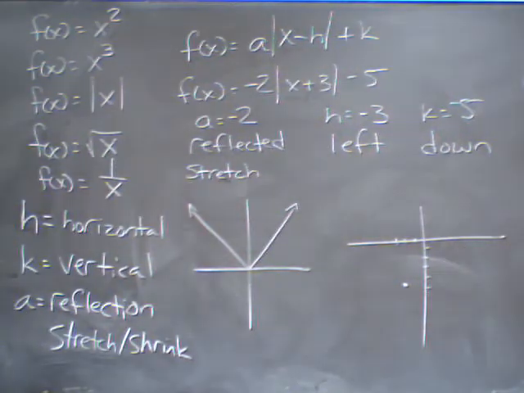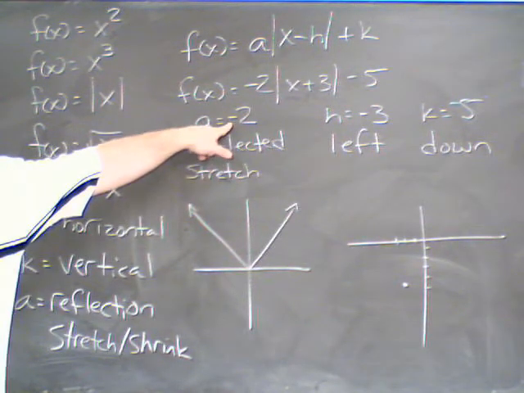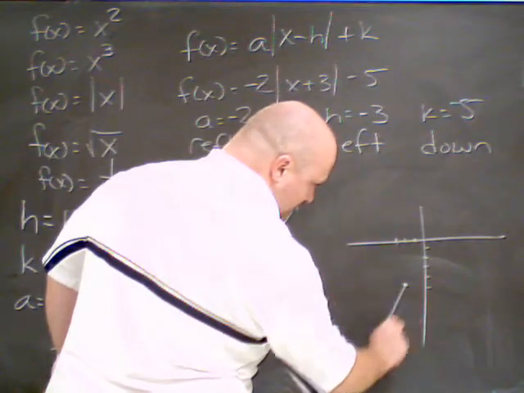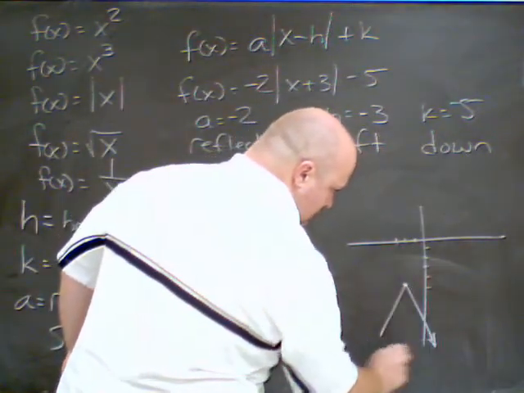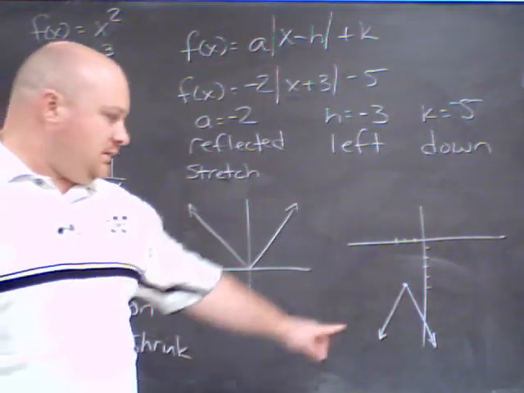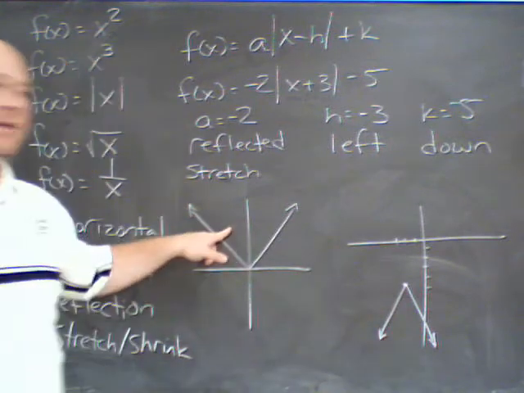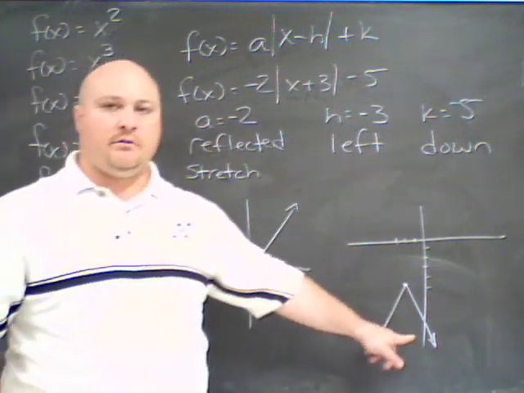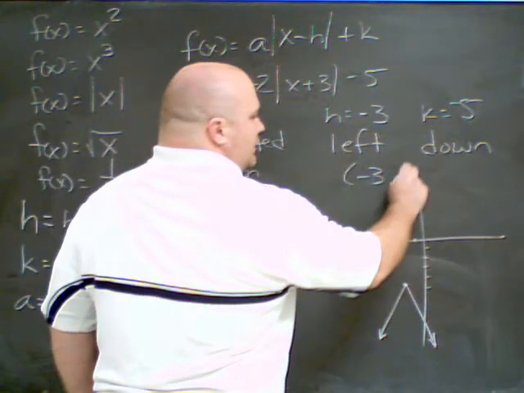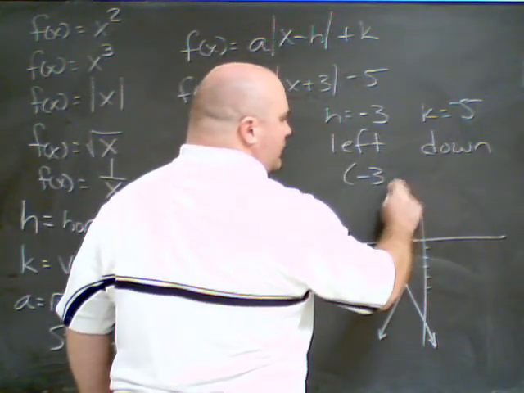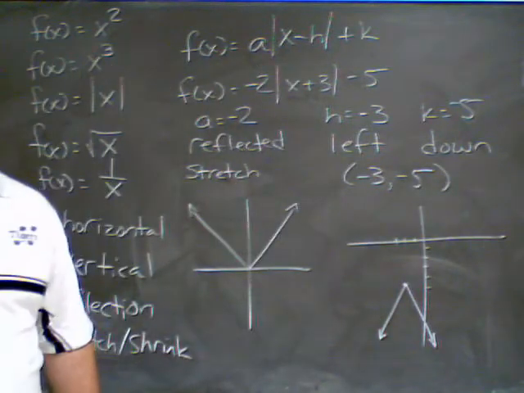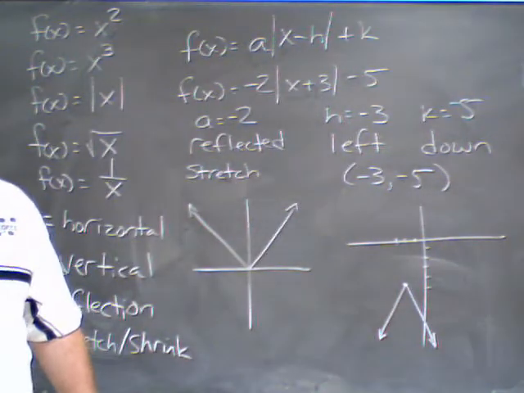It's going to be pointed down and it's going to shrink, which means it's going to be skinny. So that graph is going to look sort of like that. Notice it's skinnier than my original. It's pointed down, and my vertex is where h and k are, which is -3, -5.